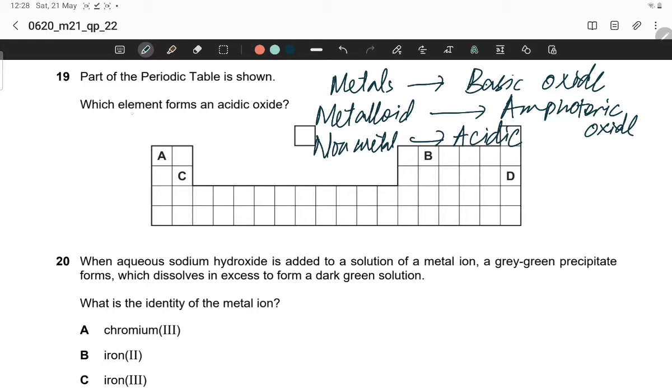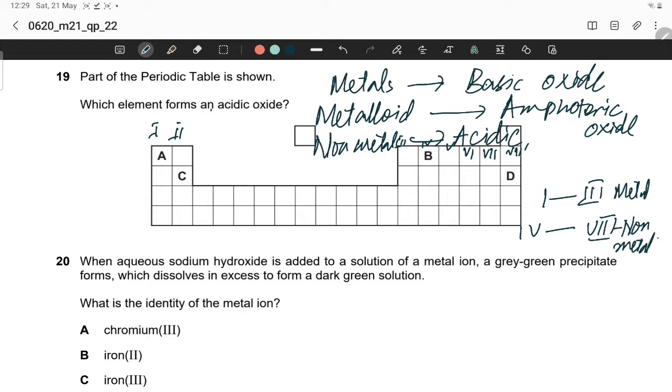So which element forms an acidic oxide? So this is group 1, 2, 3, 4, 5, 6, 7, 8. Groups 1 to 3 are metals, and groups 4 to 8 are non-metals. So non-metals form acidic oxides. So B option is correct.